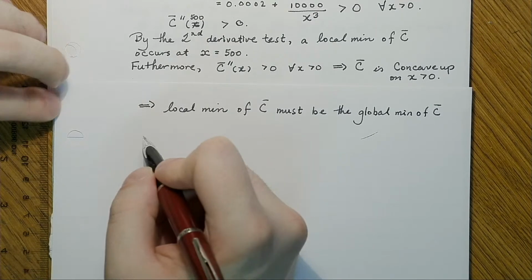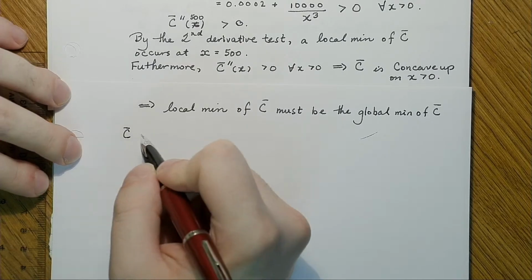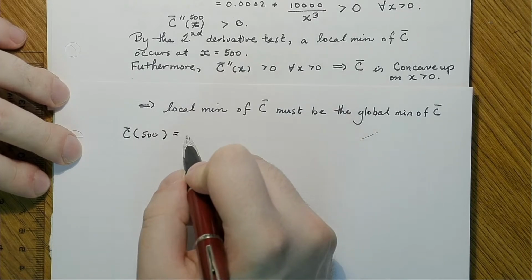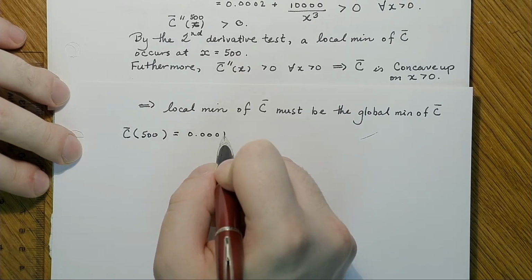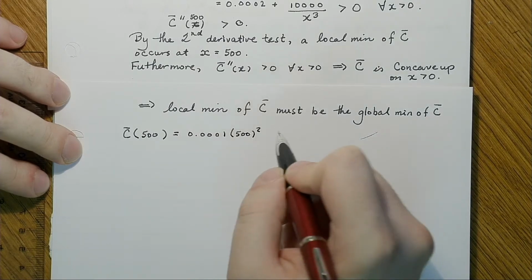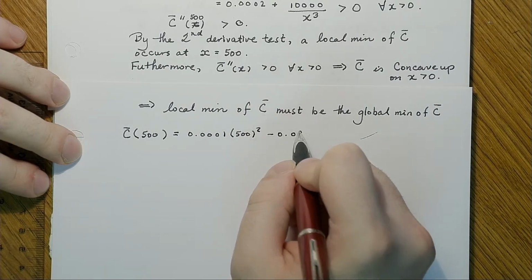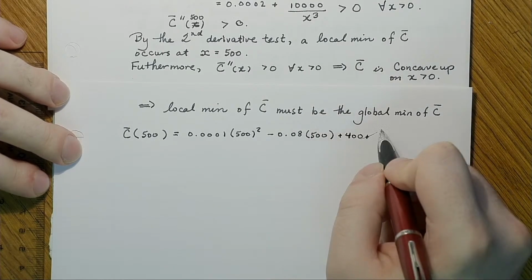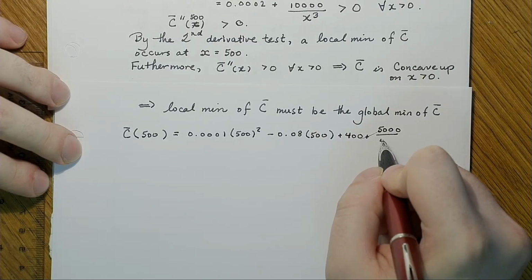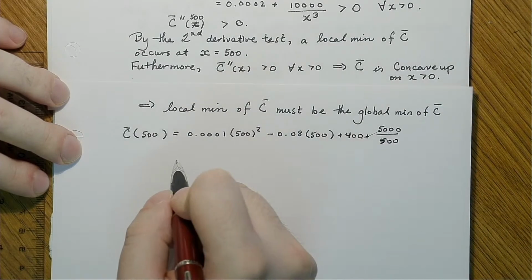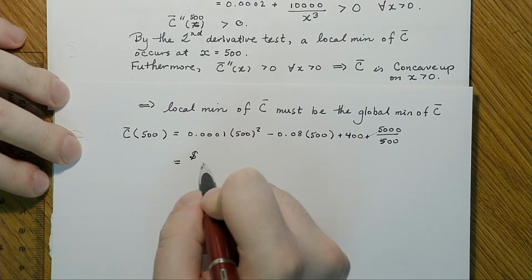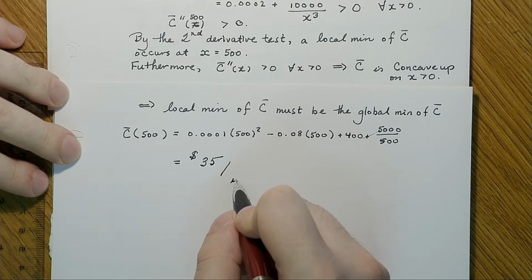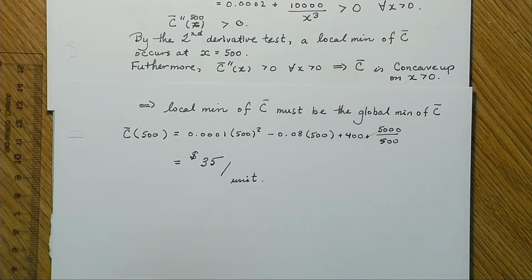And since the boss wants these for Manfrotto, we'll calculate what the average cost is at 500. So you substitute in those values, and with the magic of technology, it works out to $35 per unit.